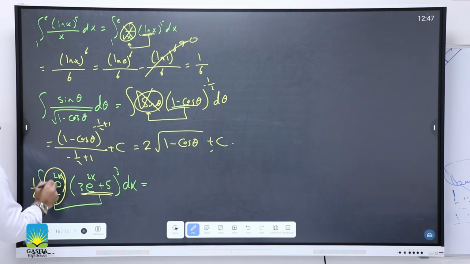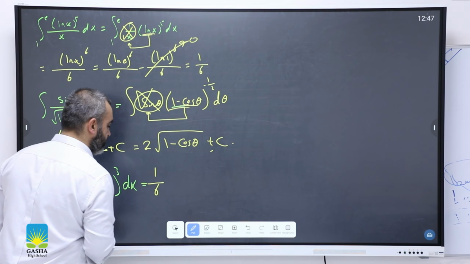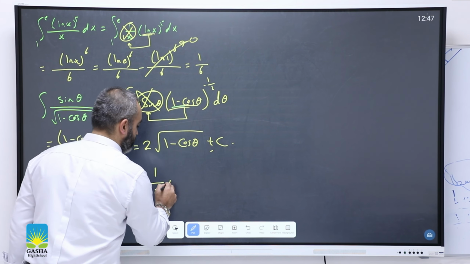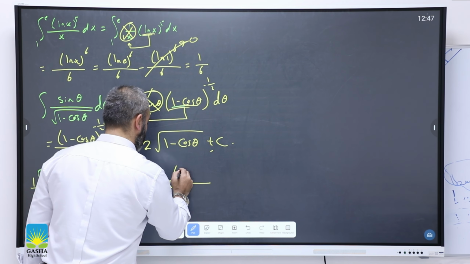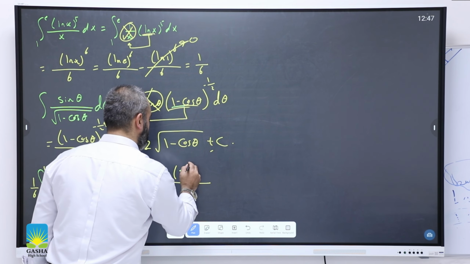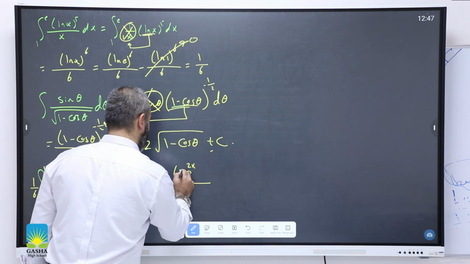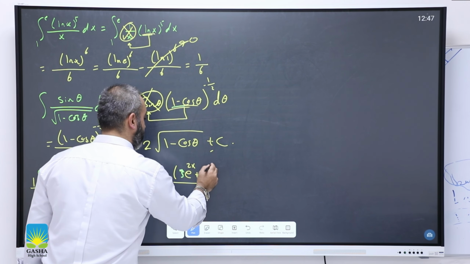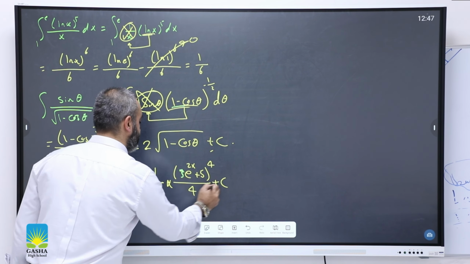And we cancel the derivative here and we write 1 over 6. We add 1 to the power 3, making 4. So (3e to the power 2x plus 5) to the power 4 over 4 plus c.